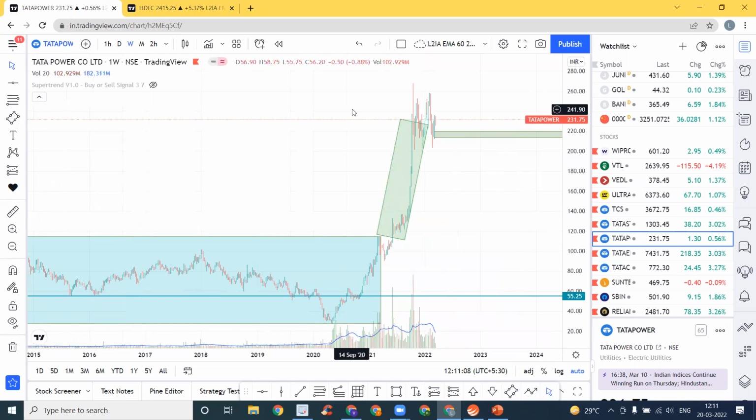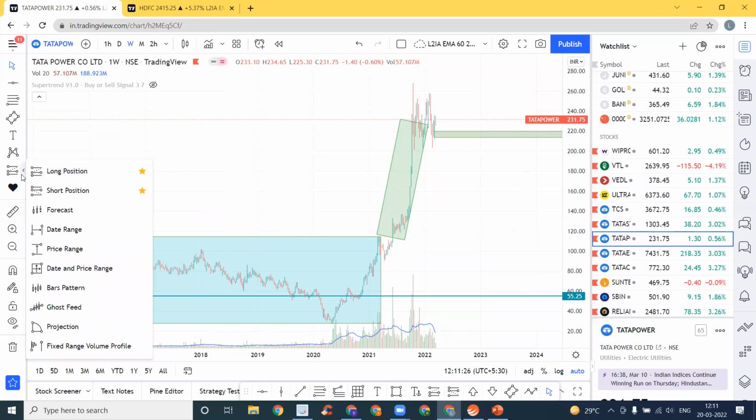So this is at the point where most of the accumulation happens. This is phase one, this is phase two. We should enter the stock at this level. That is why many a times you must have seen I have said to enter at 110, 120 levels, because now the stock has started moving up.